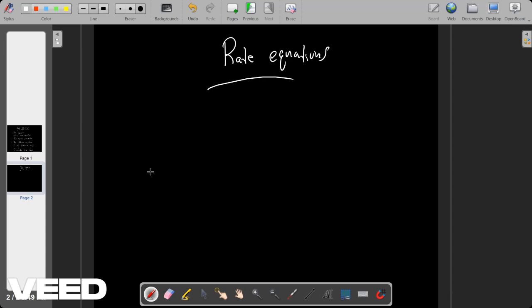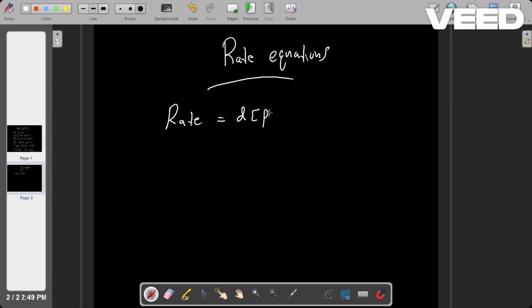Now rate equation means rate is equal to delta, or difference in, products over time, delta t, right?